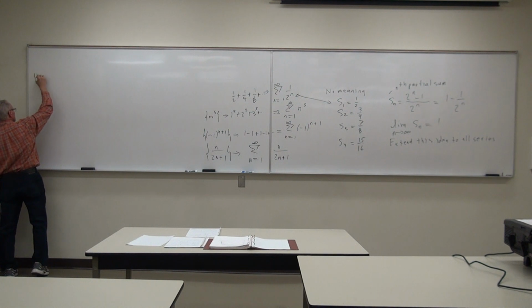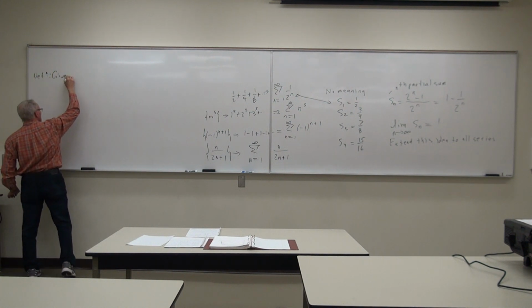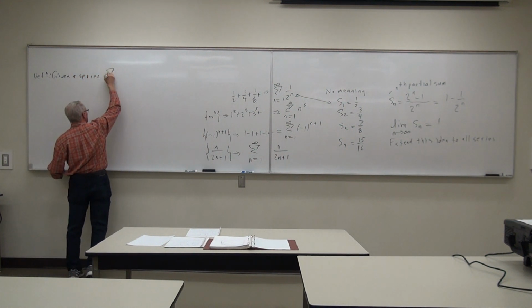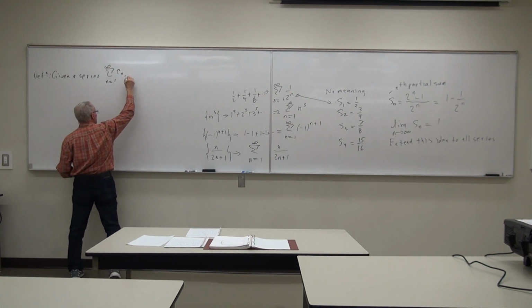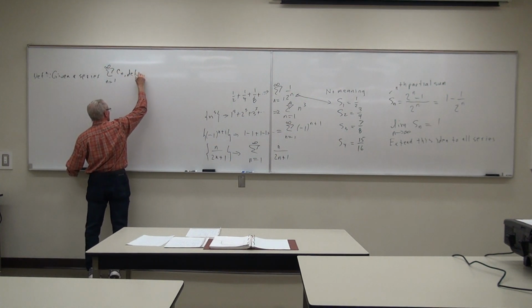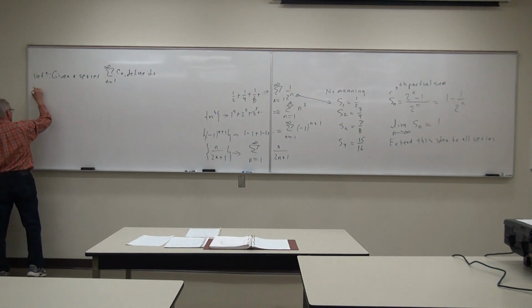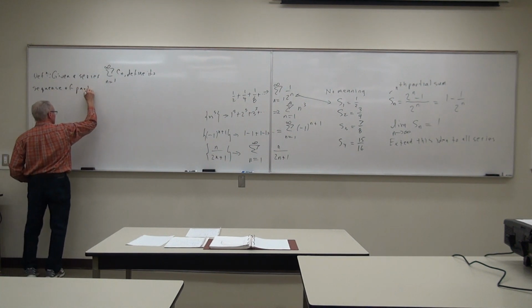Definition. Given a series, summation n equal 1 to infinity c sub n, define its sequence of partial sums.